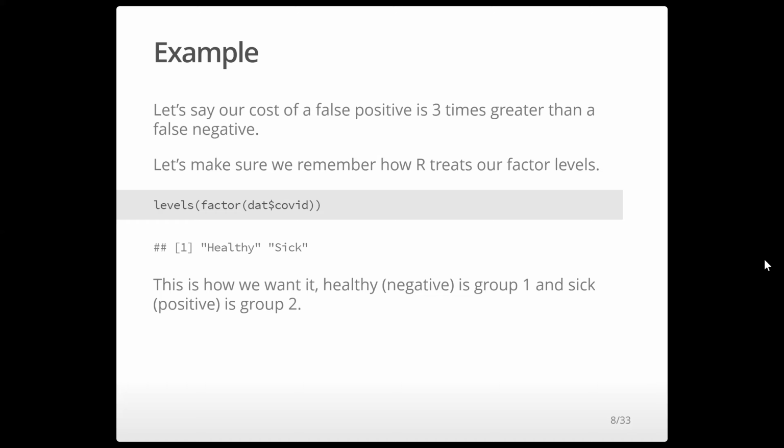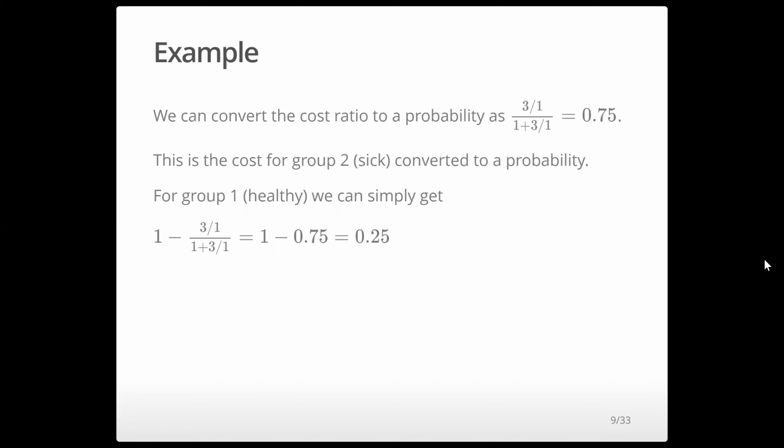So let's say our cost of a false positive is 3 times greater than a false negative. First, let's double check what our factor levels are. This is how we want it. We have healthy, which would be negative in group 1, and sick, which would be positive in group 2. So all good there. We convert our cost ratio to a probability by taking 3 over 1 divided by 1 plus 3 over 1.